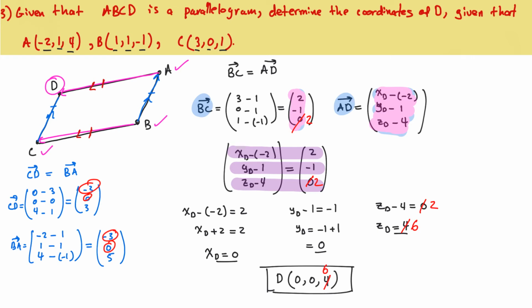Going back to CD, I have my components 0, 0, and 4. Instead of 4, I'm going to use 6, and 6 minus 1 equals 5. So my final answer for D actually equals 0, 0, 6. And this is why it is so important to go back and check your solutions.